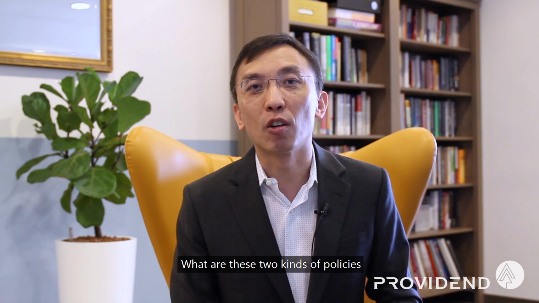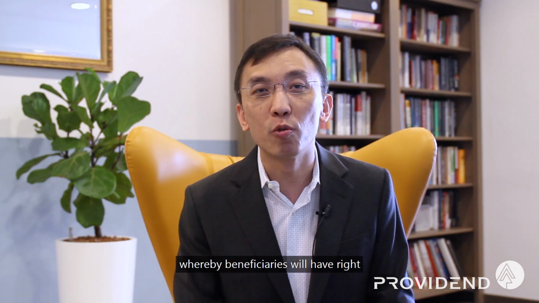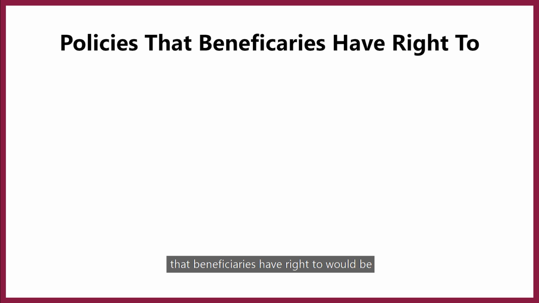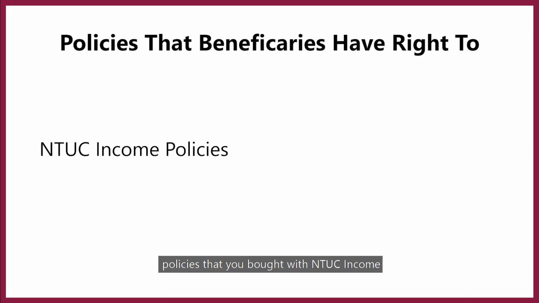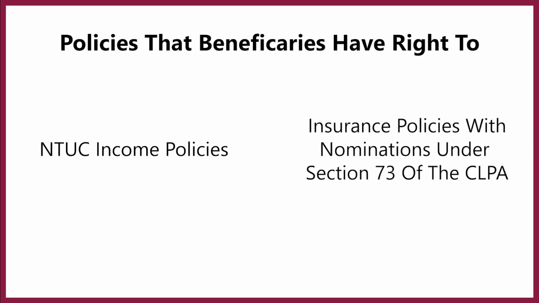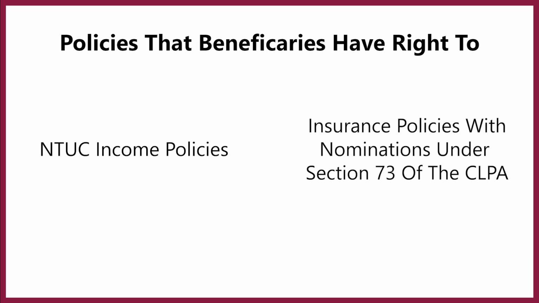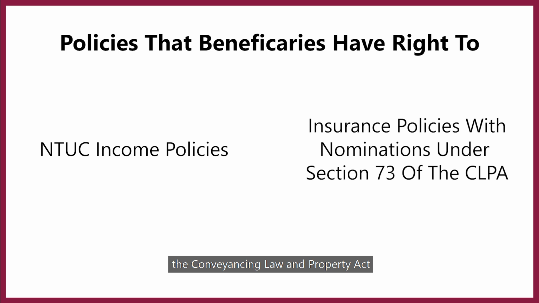What are these two kinds of policies whereby beneficiaries will have right to the proceeds of your policies? Let's take a look at it. The two types of policies that beneficiaries have right to would be policies that you bought with NTUC Income, as well as insurance policies with nominations under Section 73 of the CLPA, otherwise known as the Conveyancing and Law of Property Act.